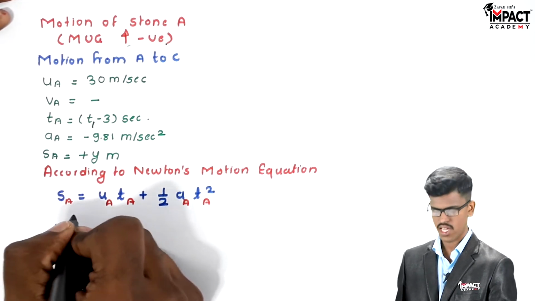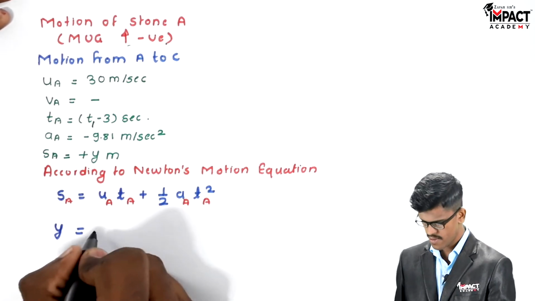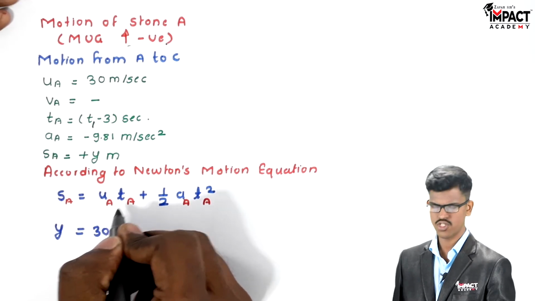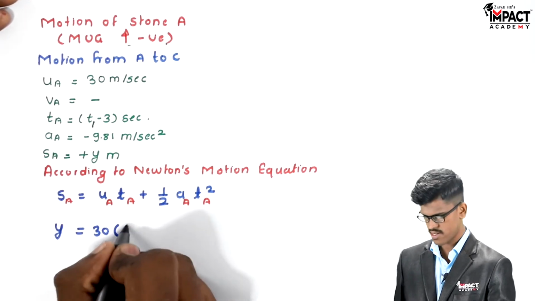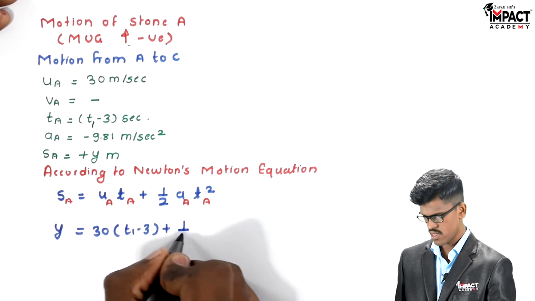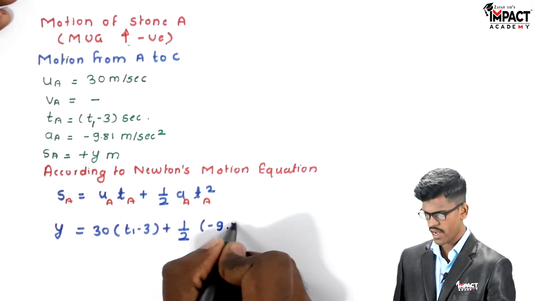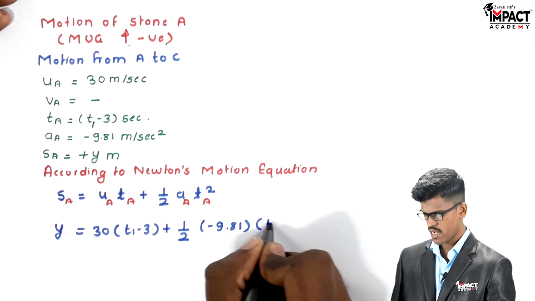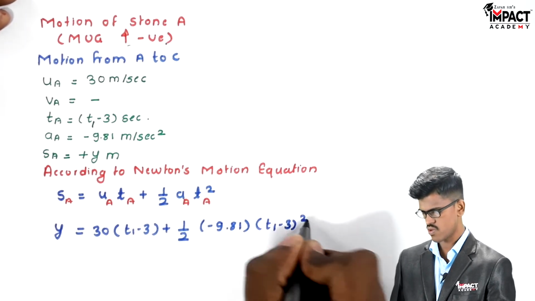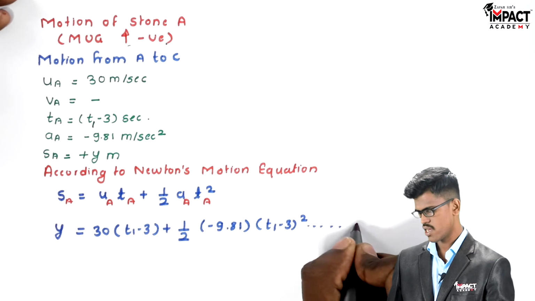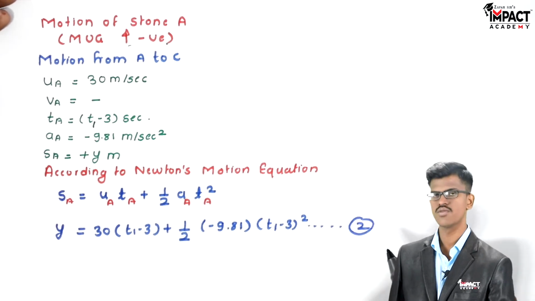Initial velocity of A is 30 meter per second. Time required for the motion is t1 minus 3 seconds, plus half into acceleration, minus 9.81, and t1 minus 3 whole square. We get equation number 2.